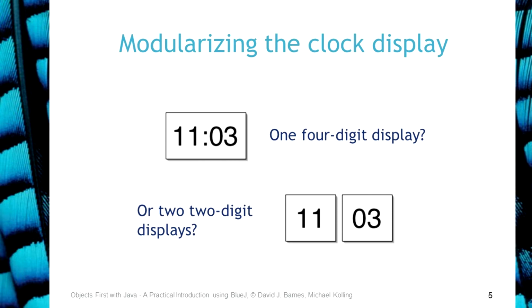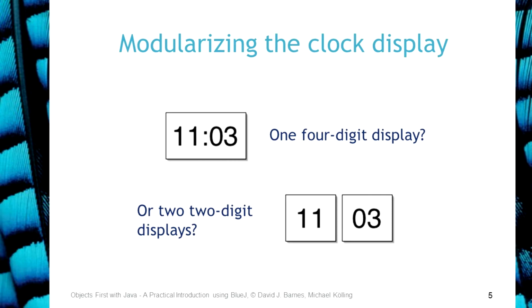If we now abstract away from that very low-level view, we can see that it could be viewed as 2 separate 2-digit displays, which are 1 pair for the hours and 1 pair for the minutes. One pair starts at 0 and increases by 1 each hour, and then rolls to 0 after reaching its limit of 23, and the other rolls back to 0 after reaching its limit of 59.